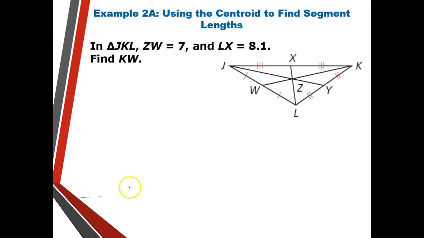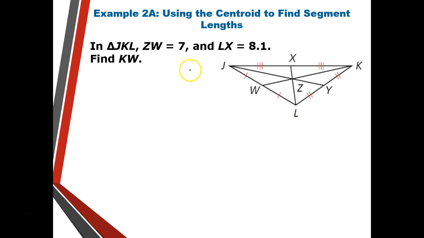Okay, so let's do another exercise just to see if we're all on the same page with understanding centroids and medians of triangles. So in this next exercise, we are given some information about this triangle. Again, Z is our centroid of our triangle because we can see that we draw from the vertex to the midpoint of the opposite sides for all three.